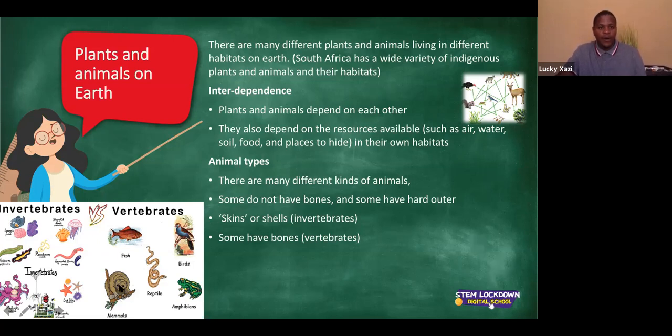Therefore, we call them vertebrates. Then on the other side, it's invertebrates. These are animals without bones. A snail doesn't have bones. A starfish doesn't have bones, and a locust doesn't have bones as well.